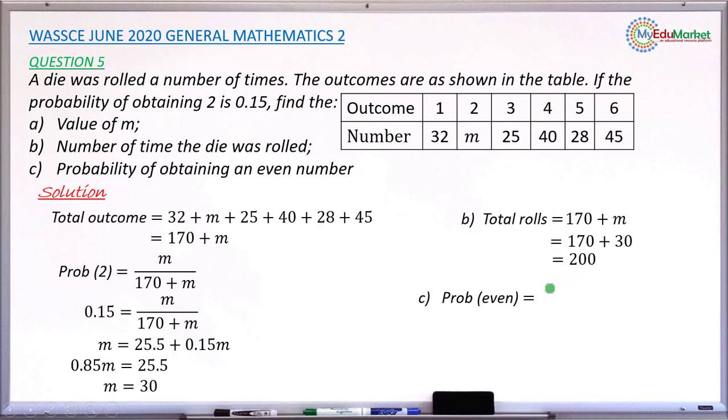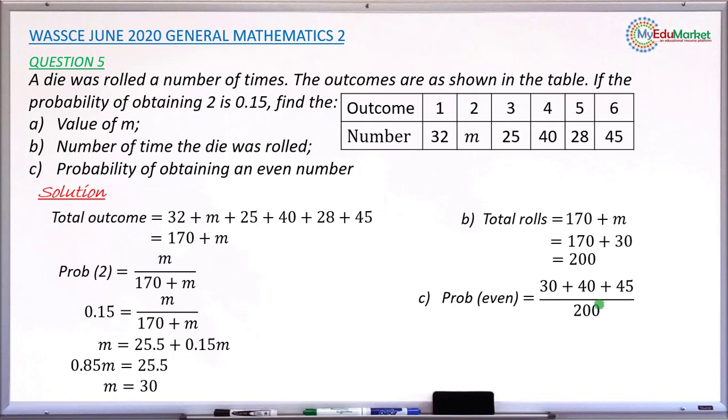So how many times the 2 was shown on top is 30 times, that is m, plus how many times 4 shows on top is 40 times, so you have 30 plus 40. How many times 6 was shown on top is 45 times, so you have plus 45. This summation gives you the required outcome because if any among these 3 numbers, 2, 4, and 6, happens to be on top, we are done because we would like to get an even number.